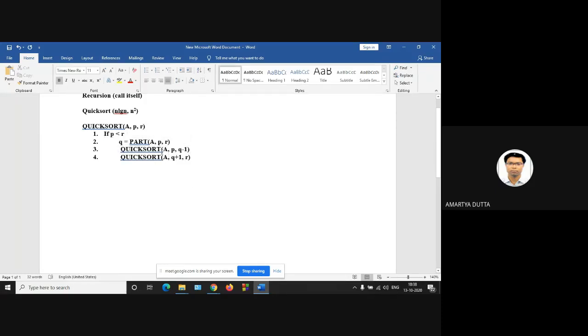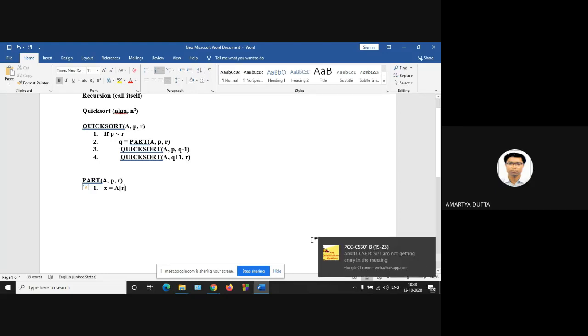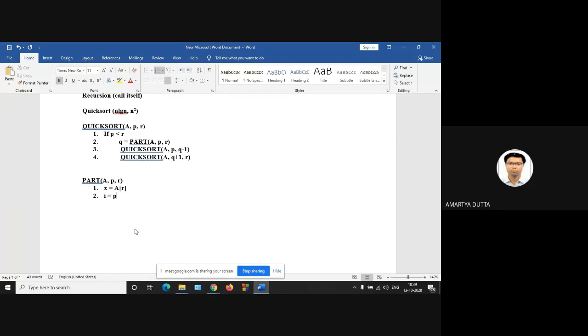Now we have to discuss the partition function, PART, part A, P, and R. So first let a variable X be equal to the last index of the array, A of R. Then I is equal to P minus 1.